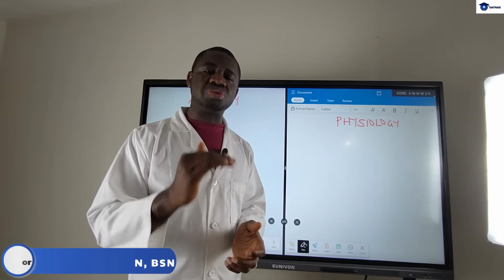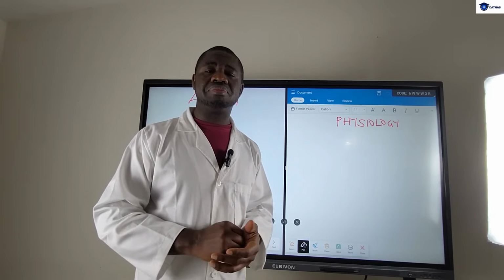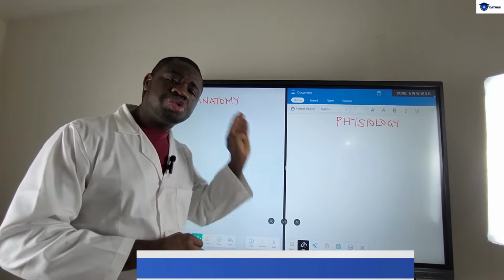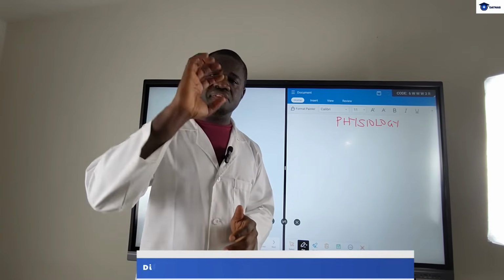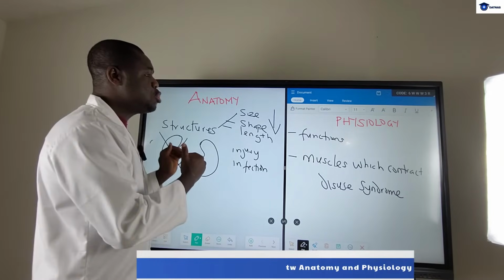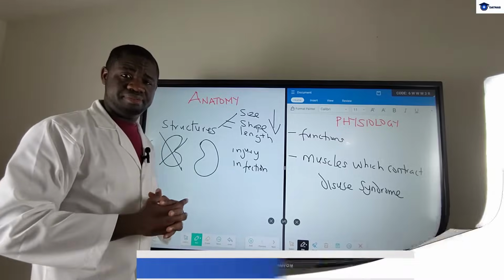As the functions of structures in the body begin to decline, the size of the structures in the body also follow suit. That is, the size of those structures begin to experience a decline. This is how anatomy and physiology are related.